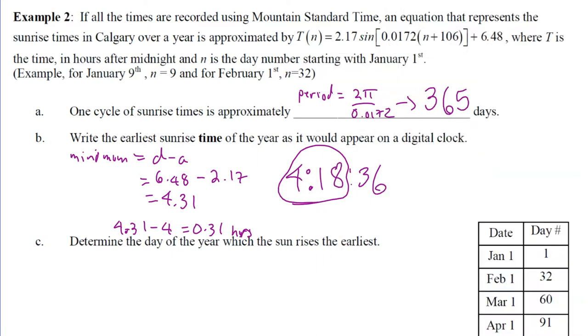4:18 a.m., earliest sunrise. Determine the day of the year which the sun rises earliest. So for the day of the year for the sun to rise the earliest at that 4.31, basically this is going to have to be negative 1, right?